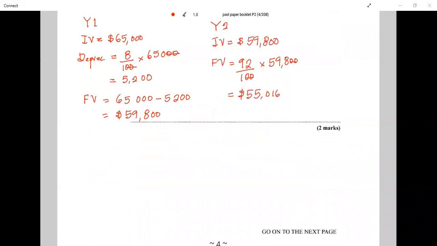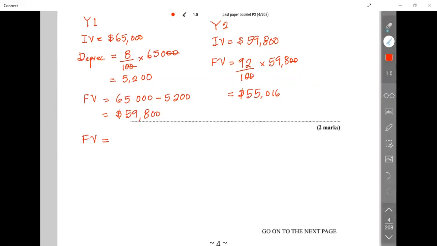We could use a formula. So the depreciation formula is this. The final value would be equal to, so this is an alternative approach. So let me write the word alternative.